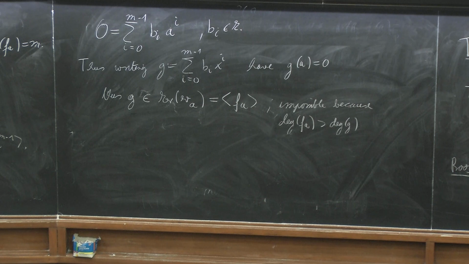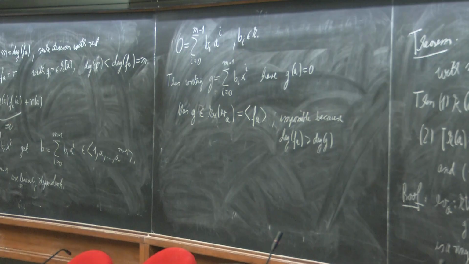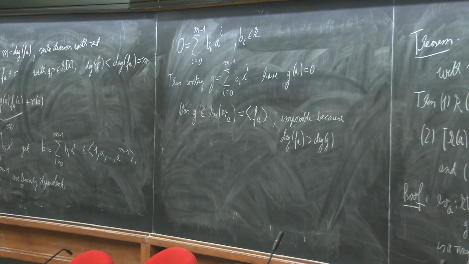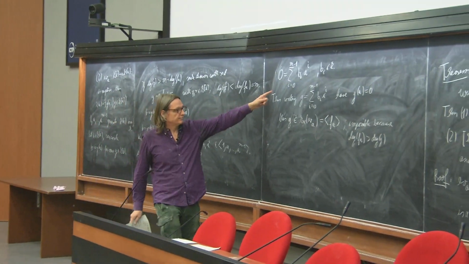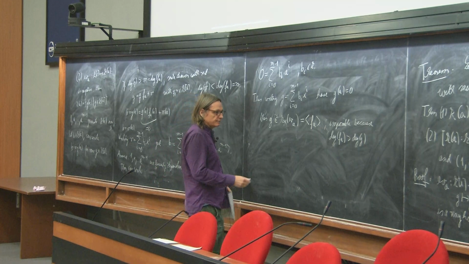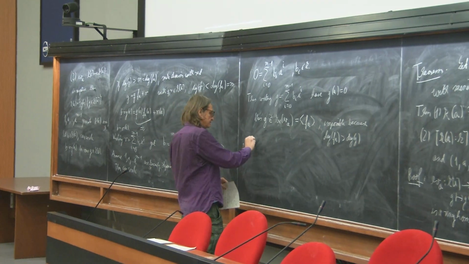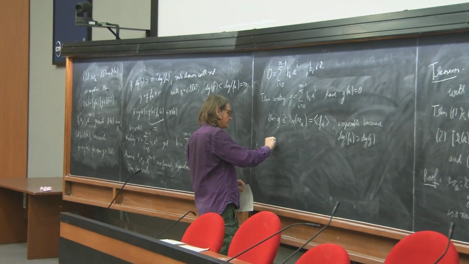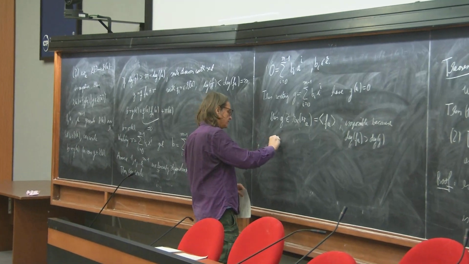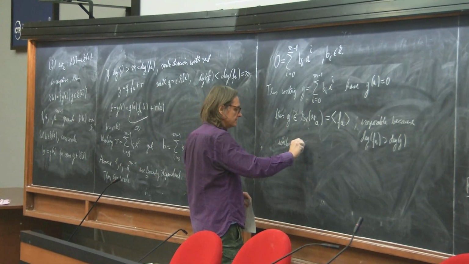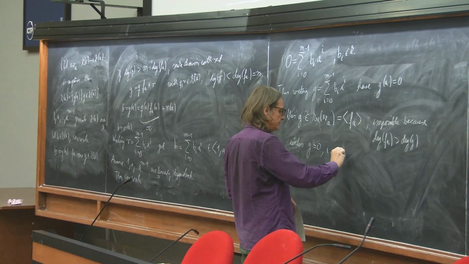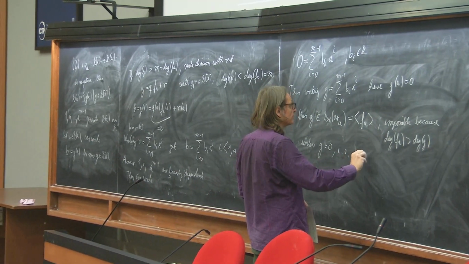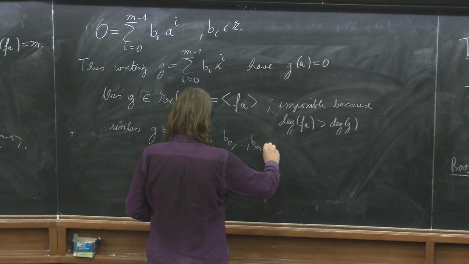Actually, here one would not assume it's independent, just assume we have such a linear combination, and then it follows that all the b_i are equal to 0. So this is impossible unless g is equal to 0. That means b_0 and so on until b_{m-1} are all 0.